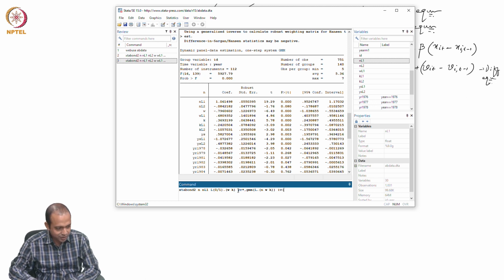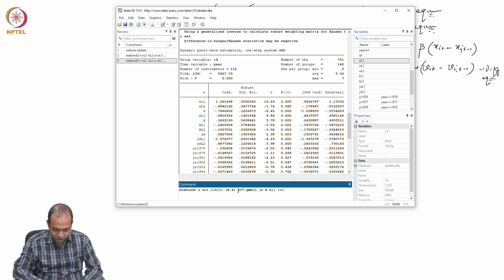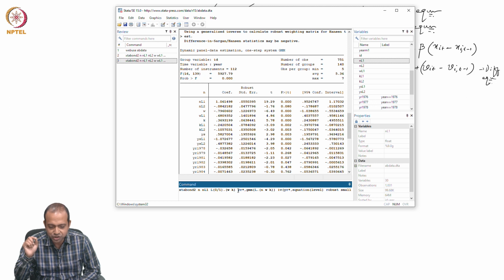My IV is year star, and then equation in level, and then I need robust and small.